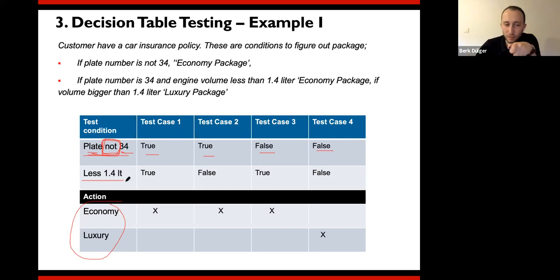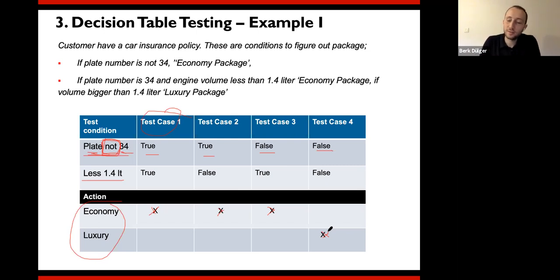For each test case, we need to figure out what this decision will be, economy or luxury. Decision table test technique tells us all the possibilities for high risk areas. It is a very strong technique.